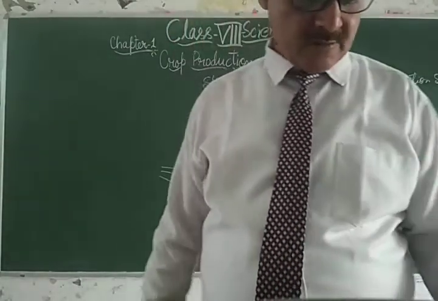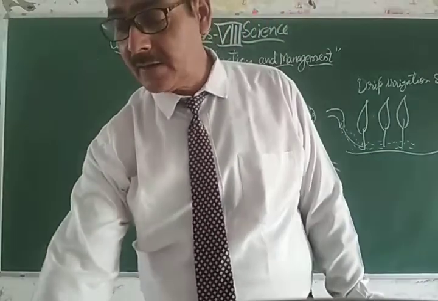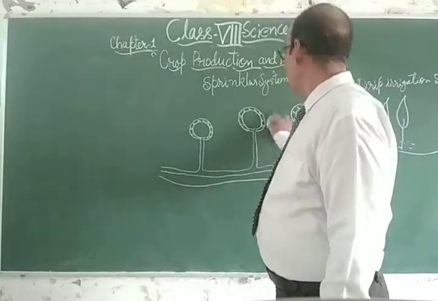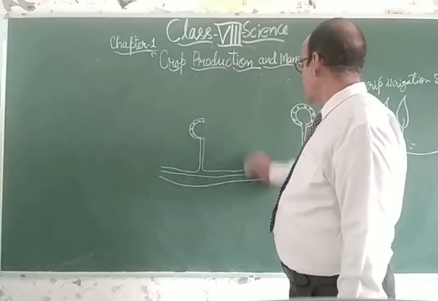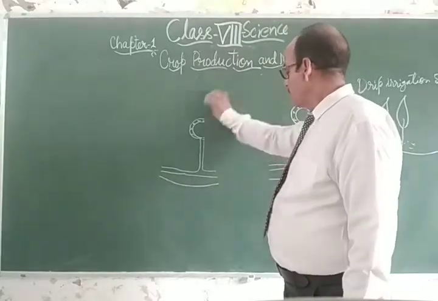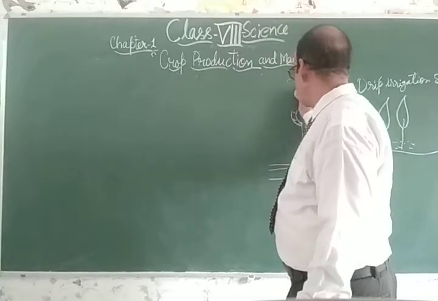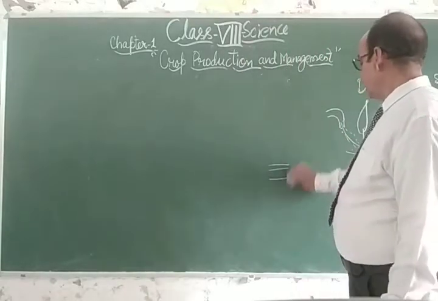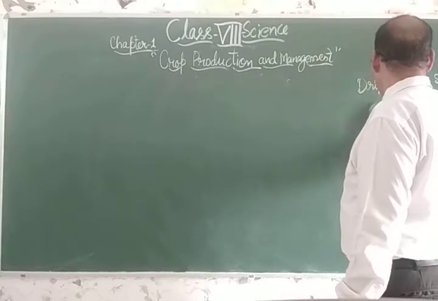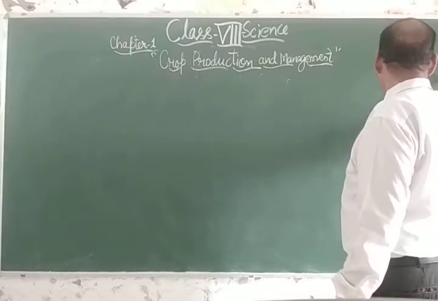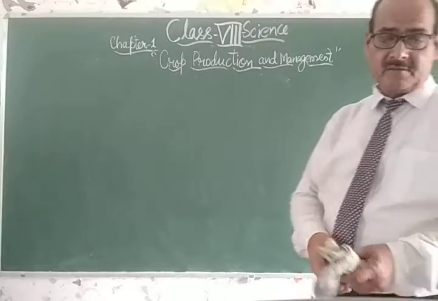Dear students, come to the next topic, that is weeding. Weeding is the removal of unwanted plants from the crop field. If you sow the seed of a crop, you will find that after some time, along with the crop, there will be growth of some unwanted plants like motha, durva, etc., and those are called weeds.